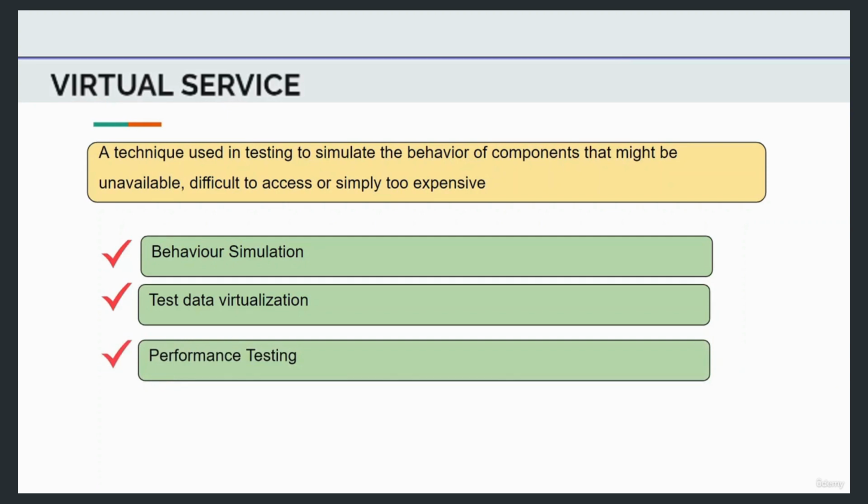And performance testing. In performance testing, suppose integration testing is done and everything is fine at the functional level, the application is working quite well, but what if the performance of that application is not good? If there are too many users, the application won't be able to handle the load.